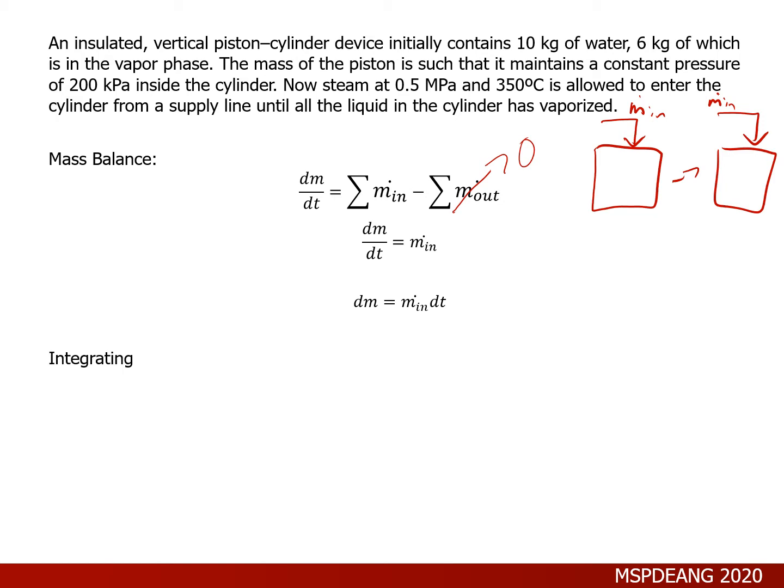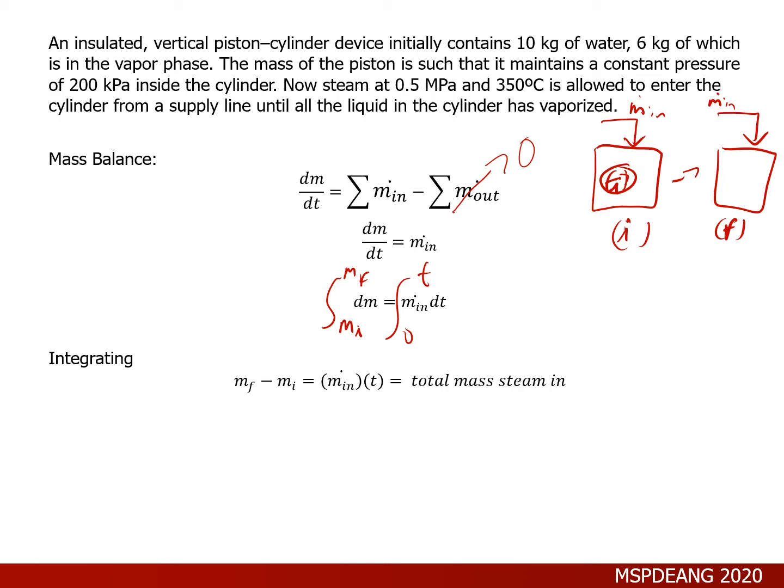We integrate dm from the initial mass inside the system, these are the initial conditions, until the final mass of steam, these are the final conditions. And then we can integrate the time from 0 to t.